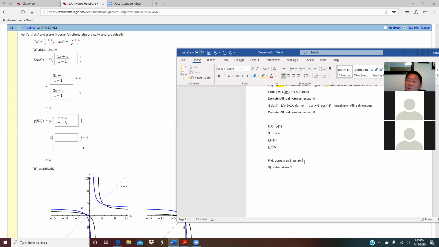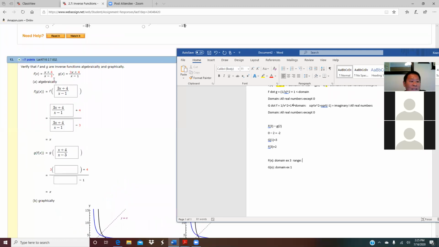So does anyone know what is the range of this f of x? Now, you know already these two functions are inverses. And what did I tell you about the range of the function f of x? The range of the function is exactly the same as what?